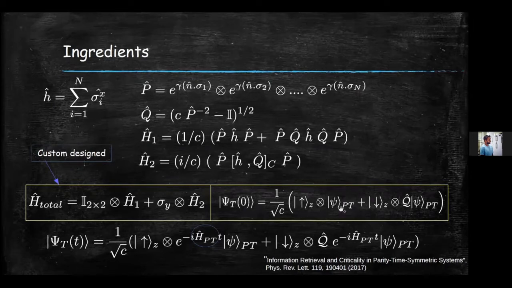We can define this state in the larger Hilbert space, which corresponds to the n+1 spin-half particles. This would again lead us to the dynamics in the subspace of the PT-symmetric Hilbert space, where projection on this extra ancillary degree of freedom would lead us to the non-Hermitian PT-symmetric dynamics that we desire to simulate.